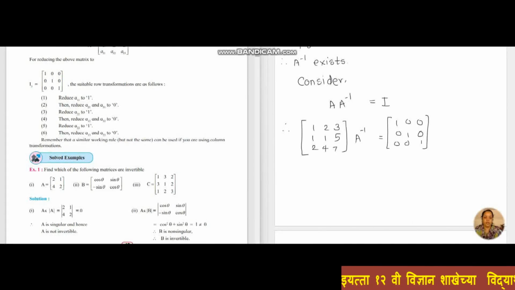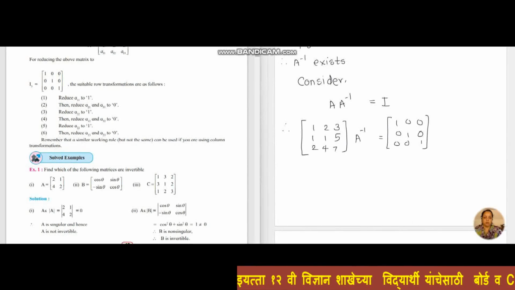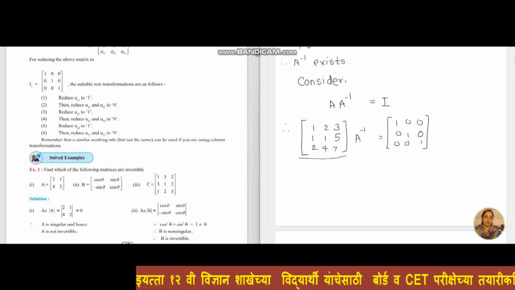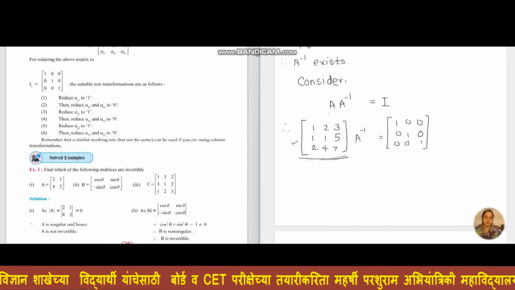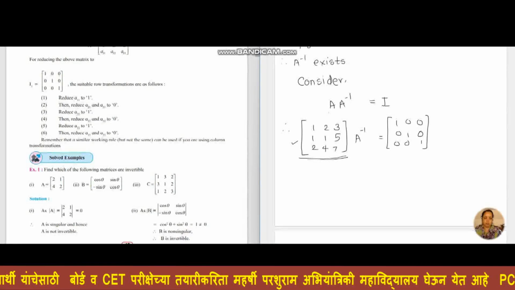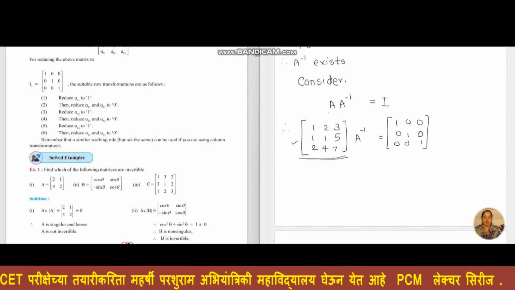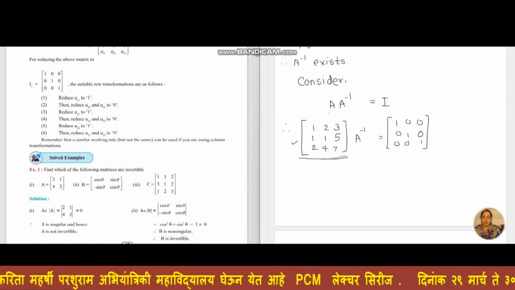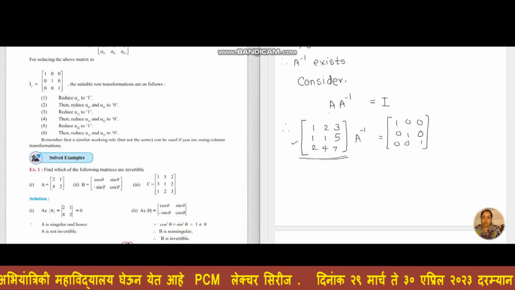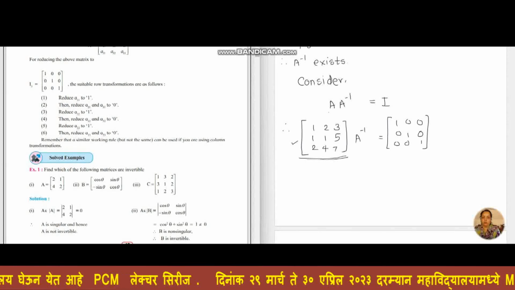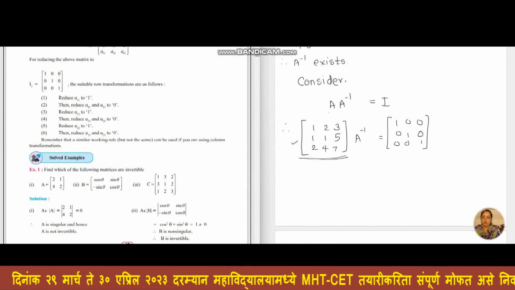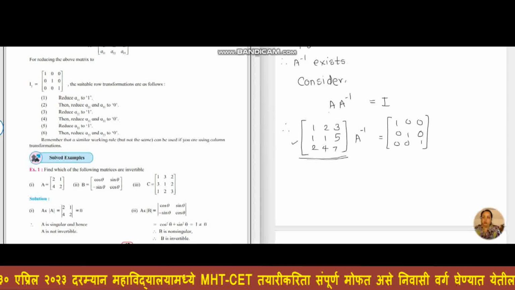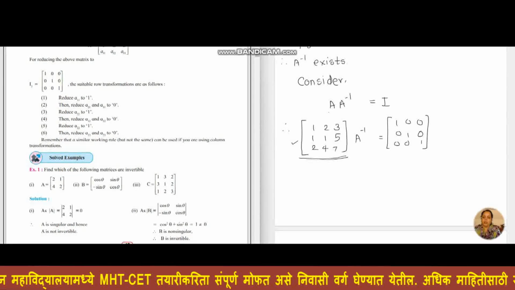Now we substitute the value of A in this equation and try to convert matrix A to the identity matrix by applying row transformations. For this, one process is given. First reduce A11 to 1. Then reduce A21 and A31 to 0.